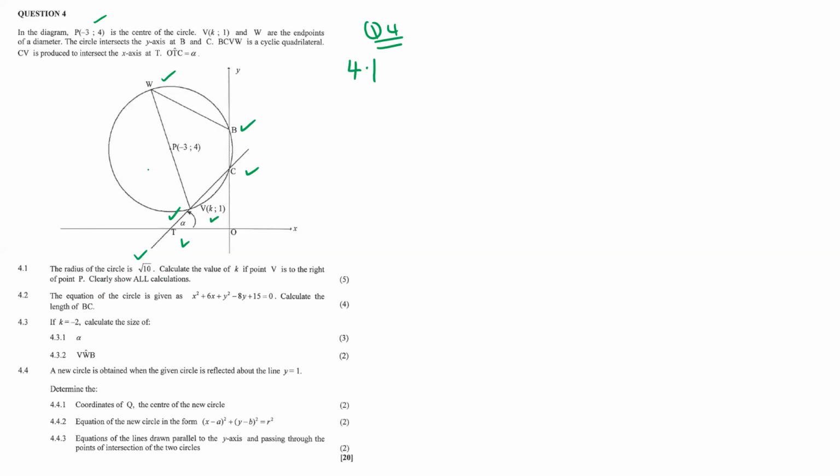Right, PV, we can see this is P and this is V. So in other words, PV equals R, the radius of the circle. That is PV, the radius of the circle, the distance from the center to the circumference. But moreover, we can use the distance formula for this.